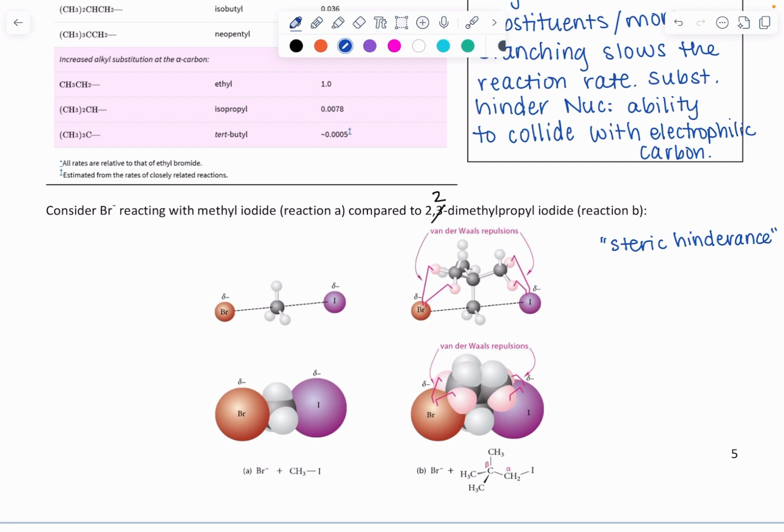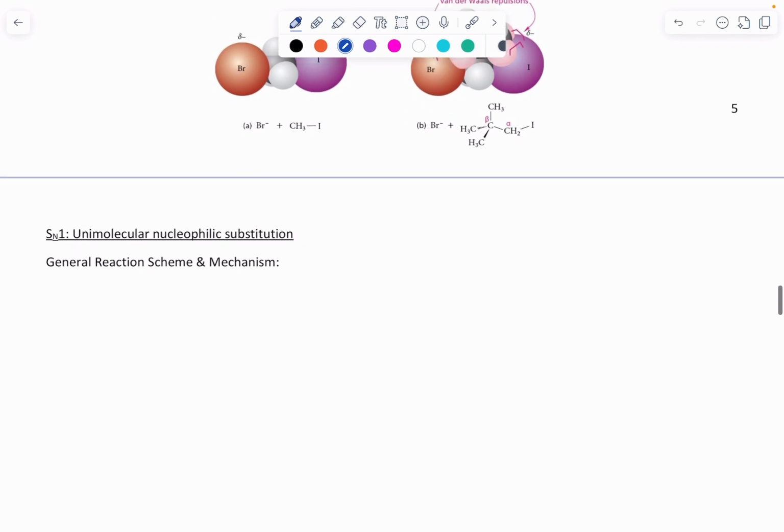All right, less room for the reaction to proceed. When the substitution of the alpha carbon starts to increase, the reaction actually doesn't proceed through an SN2 reaction. It'll be an SN1. So we're going to learn about SN1 here.